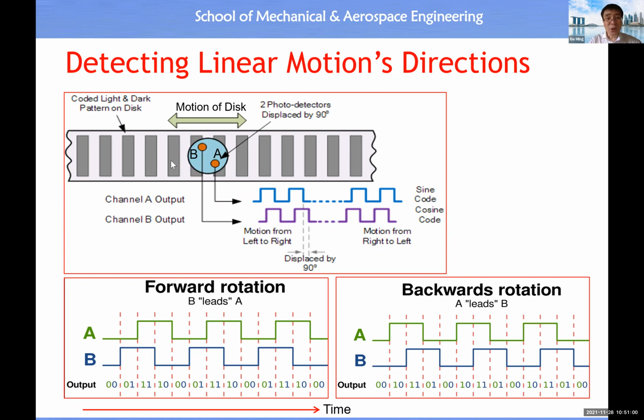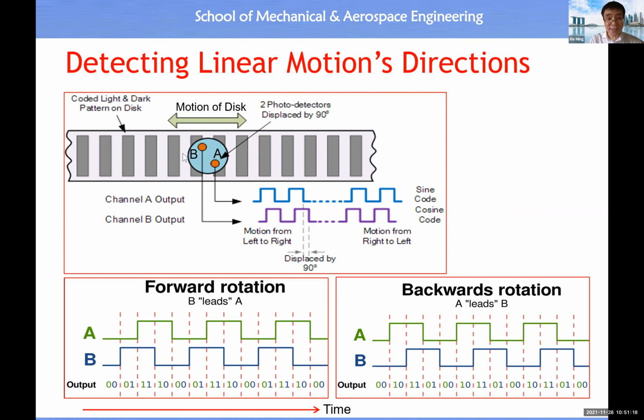So then you have an opaque pattern and a transparent pattern, and let's say this disk is now a linear disk undergoing motion from left to right.